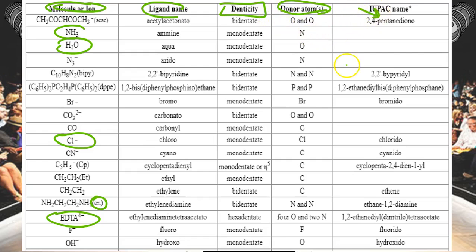And then you have the IUPAC names that you can use as well. You do not have to memorize this, but you will be given this table. The goal is that you're able to recognize the charge and denticity, monodentate or bidentate, so that you can use them to find coordination numbers in later oxidation problems.